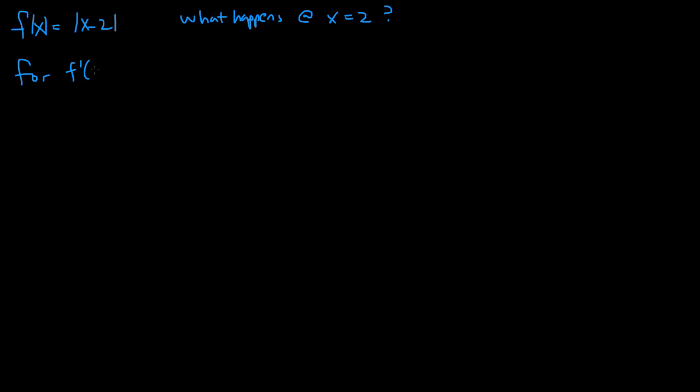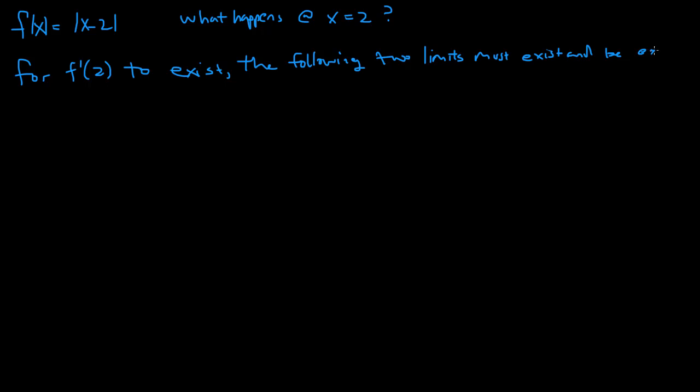For f prime at 2 to exist, the following two limits must exist and be equal.